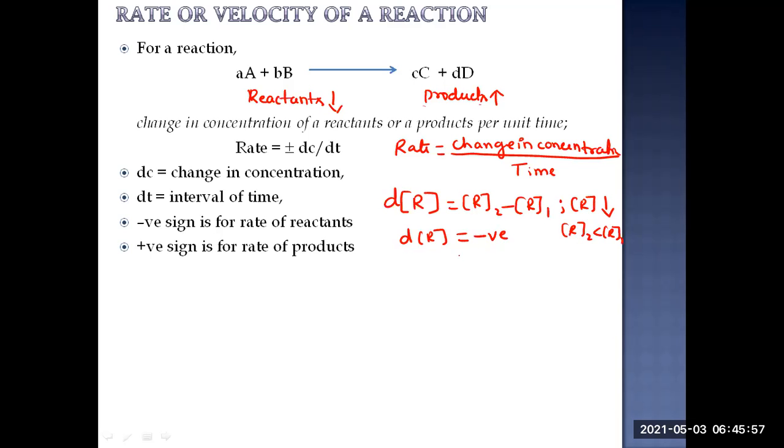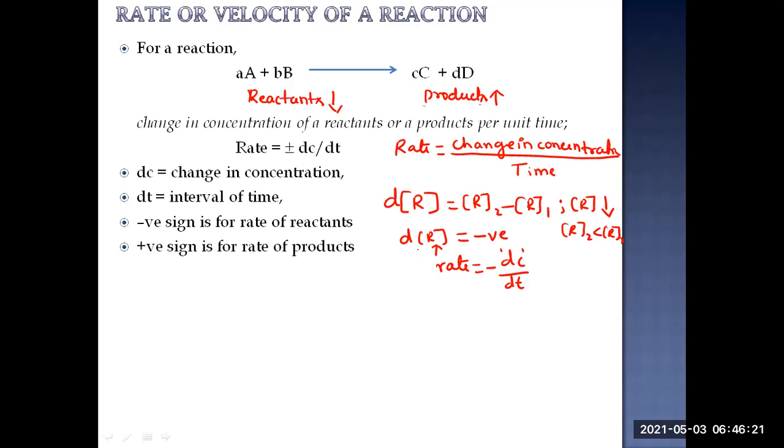So what? Okay, when we calculate rate, what is it? Rate is equal to minus dc by dt. What is dc? dc means change in concentration of either product or reactant. C is concentration, which is a general term. It can represent either a reactant or a product.